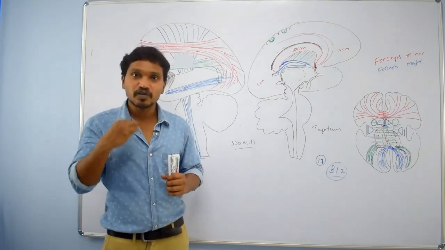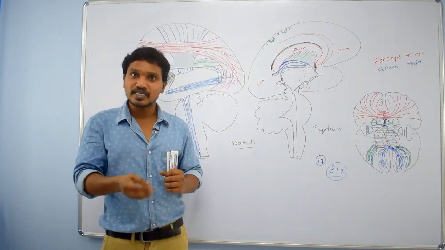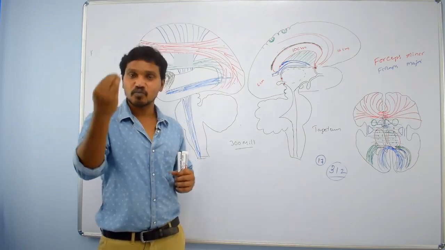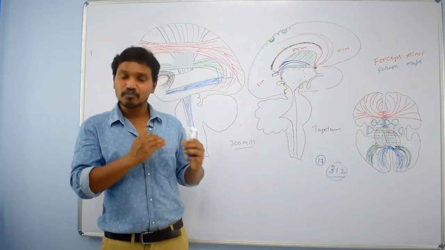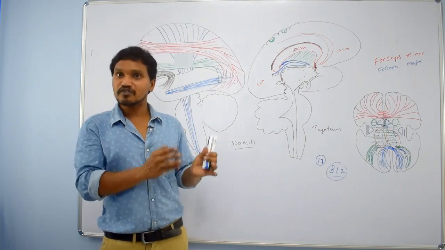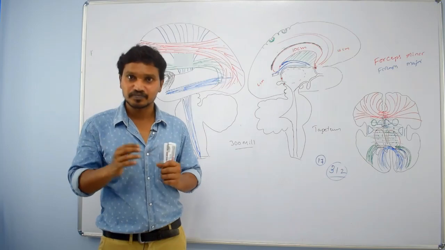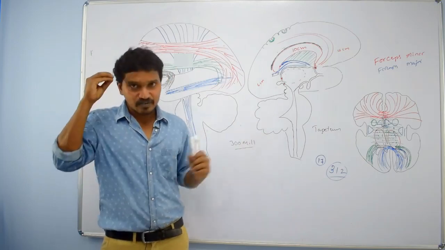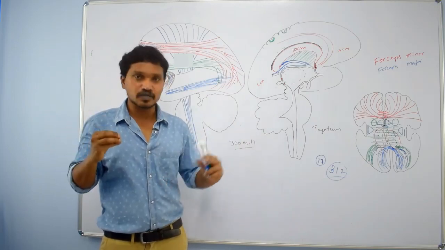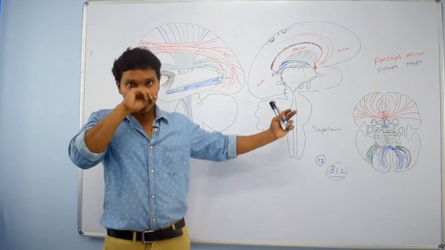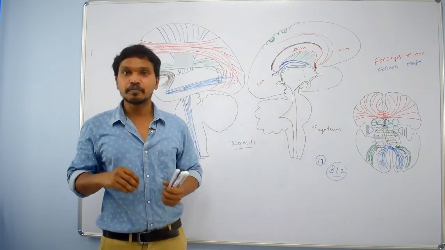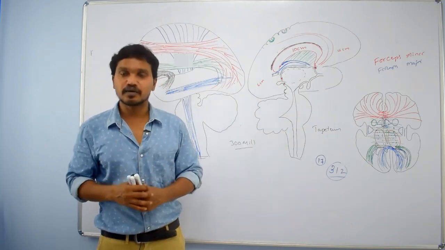This is the main function. If you want to describe under subheadings, the first one is transfer of the learning process. Actually, memory will be formed from sensory input and motor output. This memory will be confined to one cerebral hemisphere, but this information will be transferred from one cerebral hemisphere to the other. Let me give you one example.